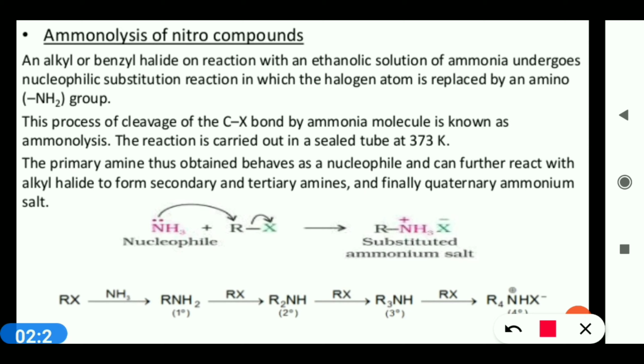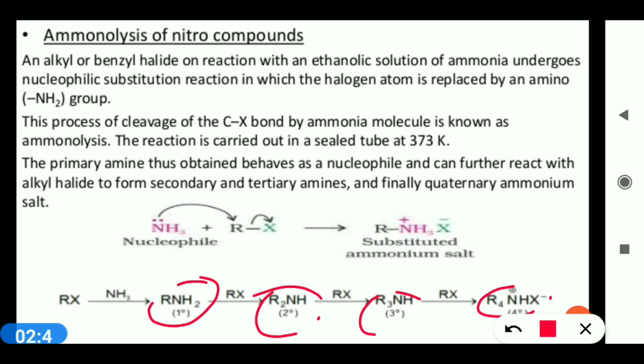For example, the primary amine is obtained in the reaction. This primary amine again reacts with the alkyl halide, it gives secondary amine. Secondary amine reacts with alkyl halide to form tertiary, and finally it will give the quaternary ammonium salt.